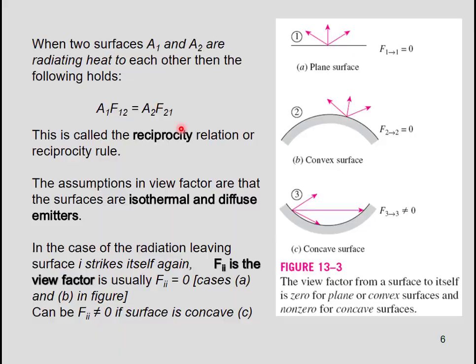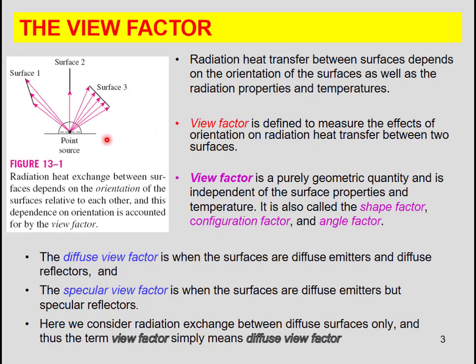In other words, as you can see here, for different surface orientations the view factor is different. More of the radiation is received by surface 3 in this configuration compared to the other surfaces. The least is for surface 2, which has the least surface area toward the source of the radiation.